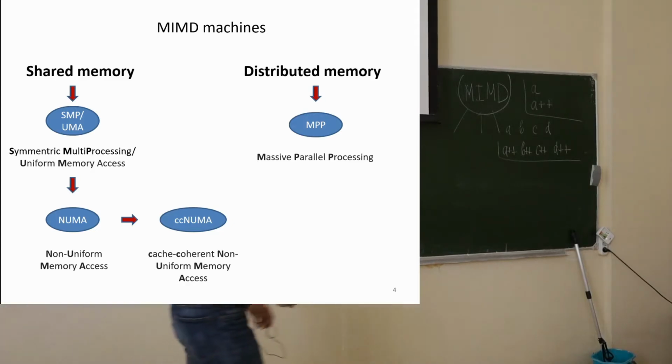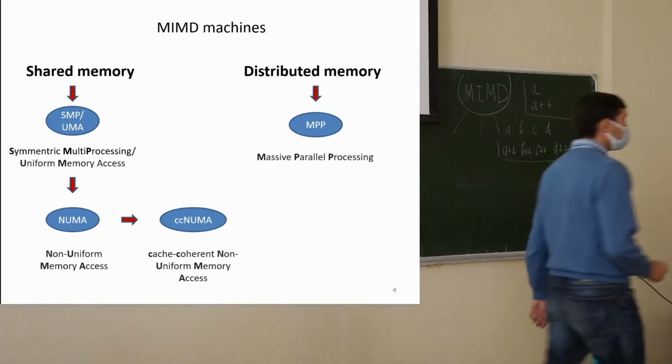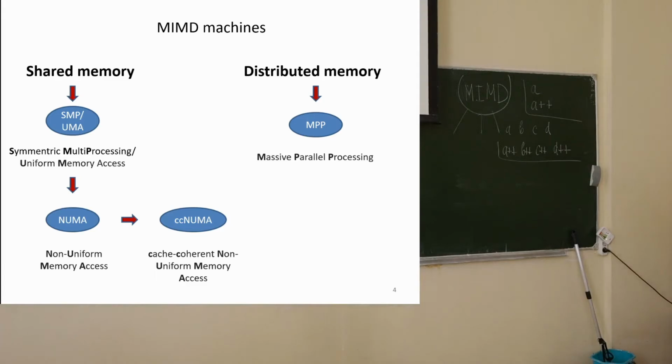Roughly, MIMD machines can be divided into two classes. The first class is shared memory machines, and the other class is distributed memory machines.